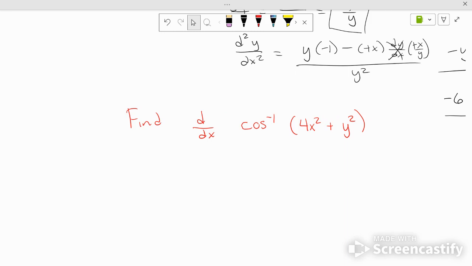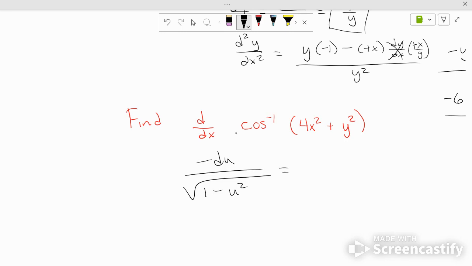The inverse cosine of that. Well, the derivative of the inverse cosine is negative du over the square root of 1 minus u squared.